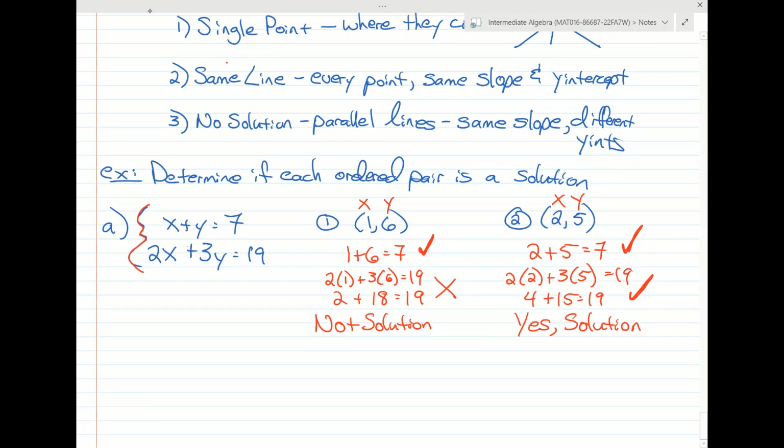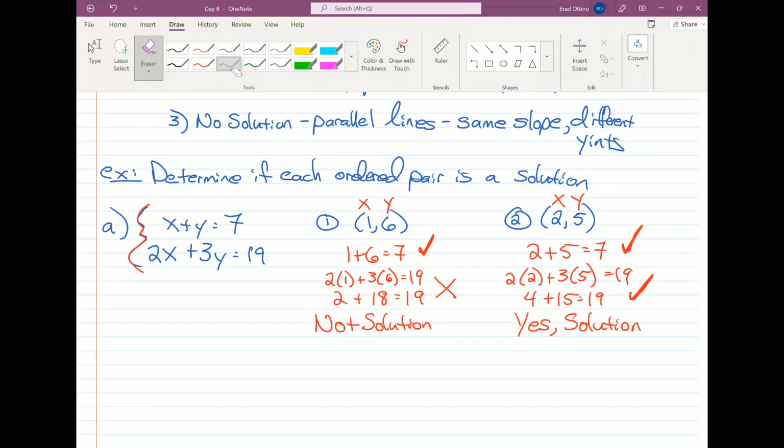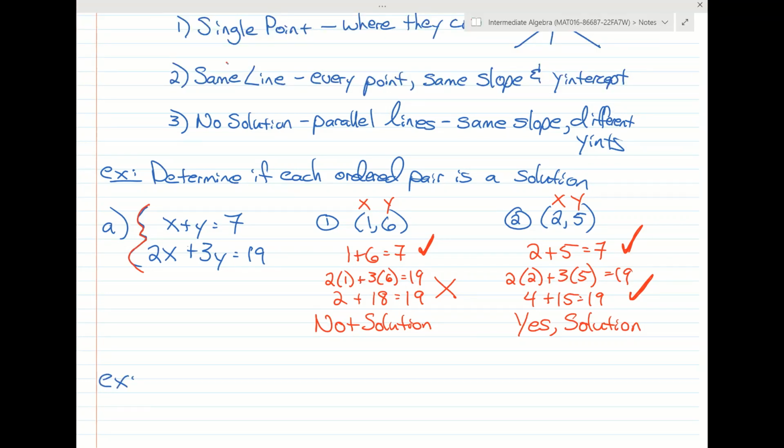The second type of example is, what if I asked you to find the solution by graphing?